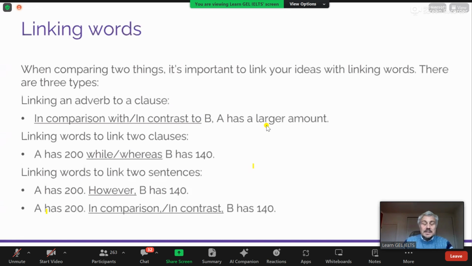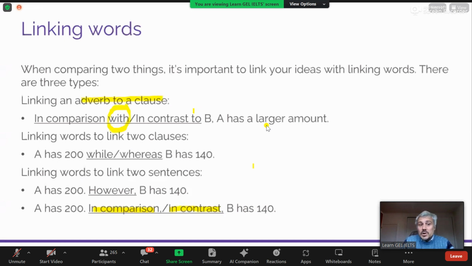Another example is this one. A has 200, B has 140. Separate sentences. We can use in comparison, B has 140. In contrast, B has 140. Notice this is different from the adverb to a clause.